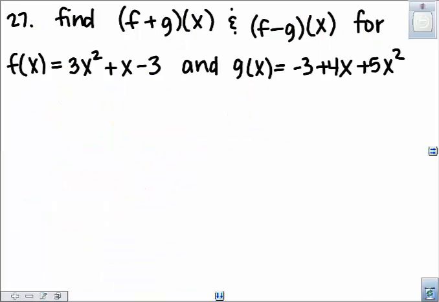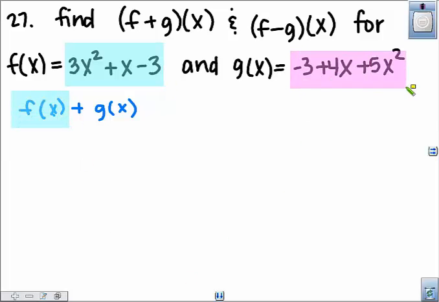27 is combination functions. You're given your f of x and your g of x and asked to find the sum and the difference. So remember, f plus g of x is the same as f of x plus g of x. Okay, so I'm going to have this term, f of x, and I'm going to add g of x.